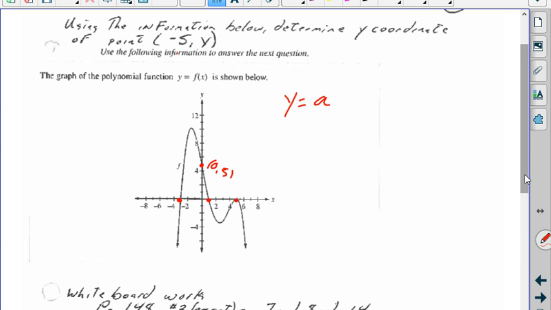I want it specific. We have roots at -3, +1, and +5. I'm still not done though. What about the root at +5 is different than the other ones?